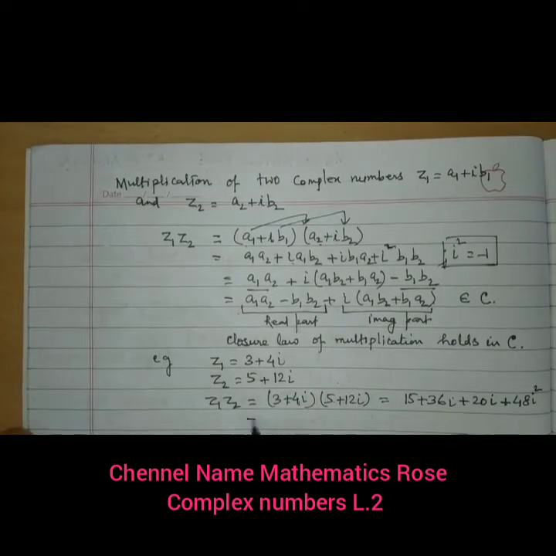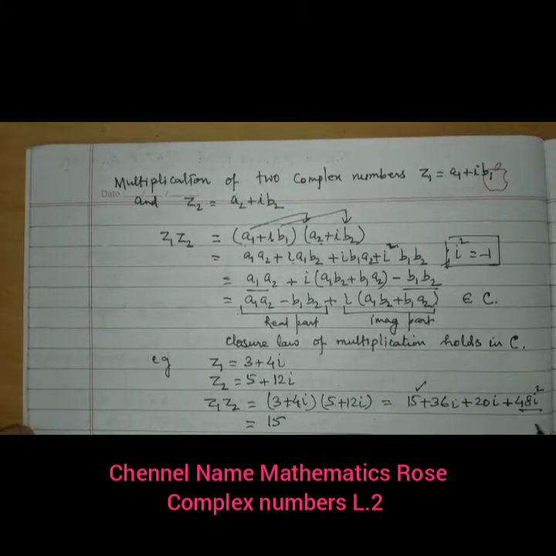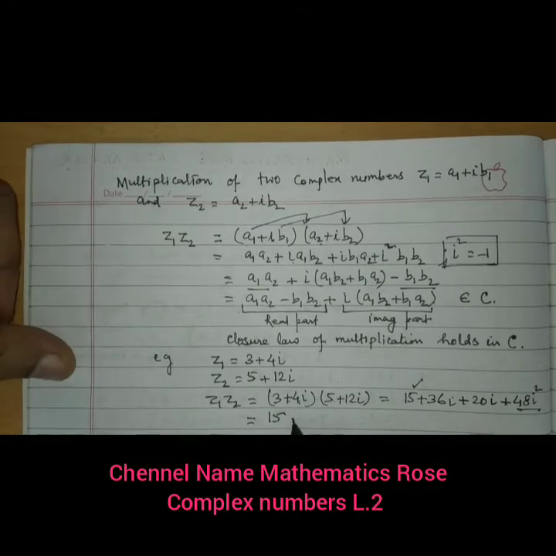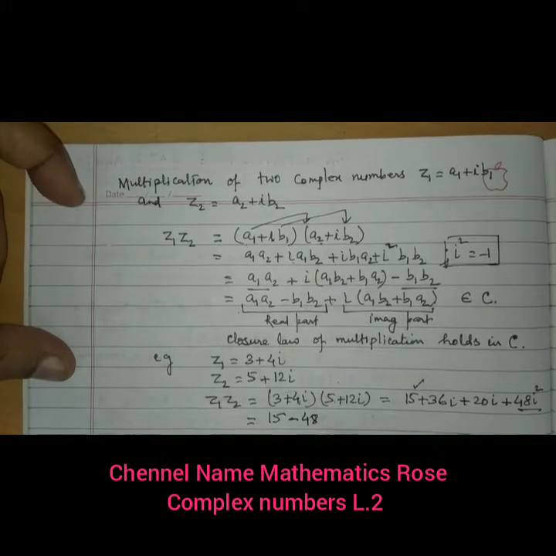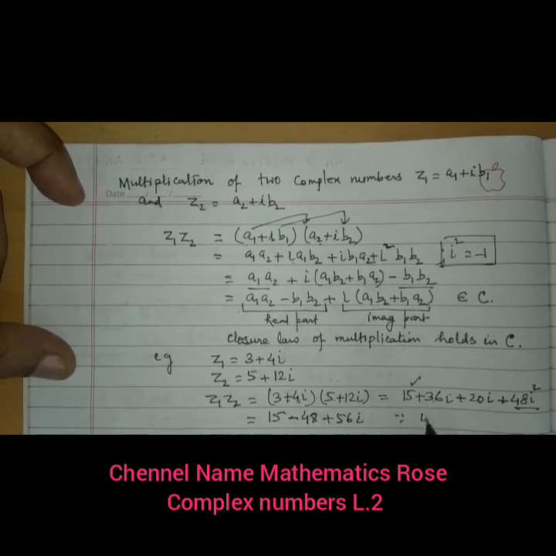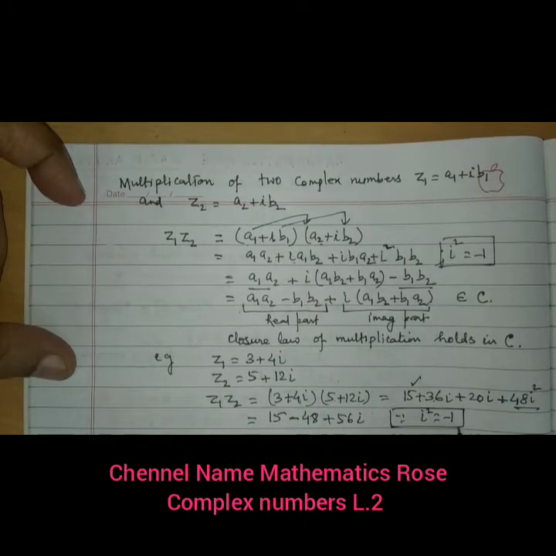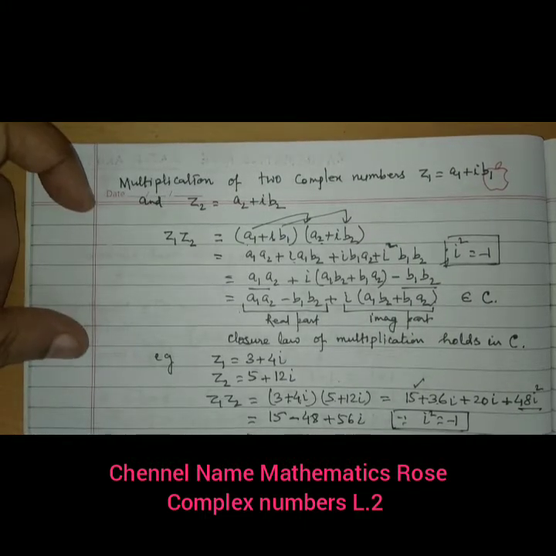Now it is 15, and i square is equal to minus 1, so it is minus 48, and this is equal to 56i, and since here i square is equal to minus 1, it is minus times minus, and then we'll just subtract over here.